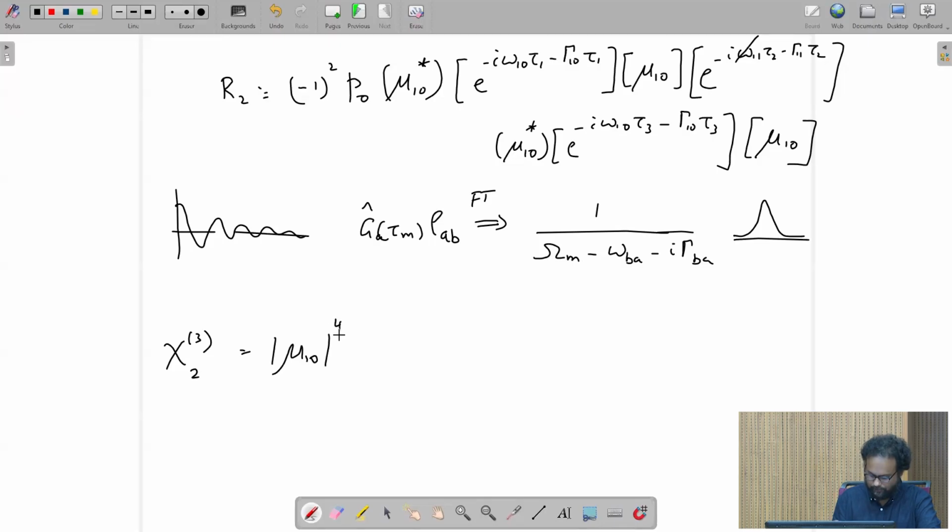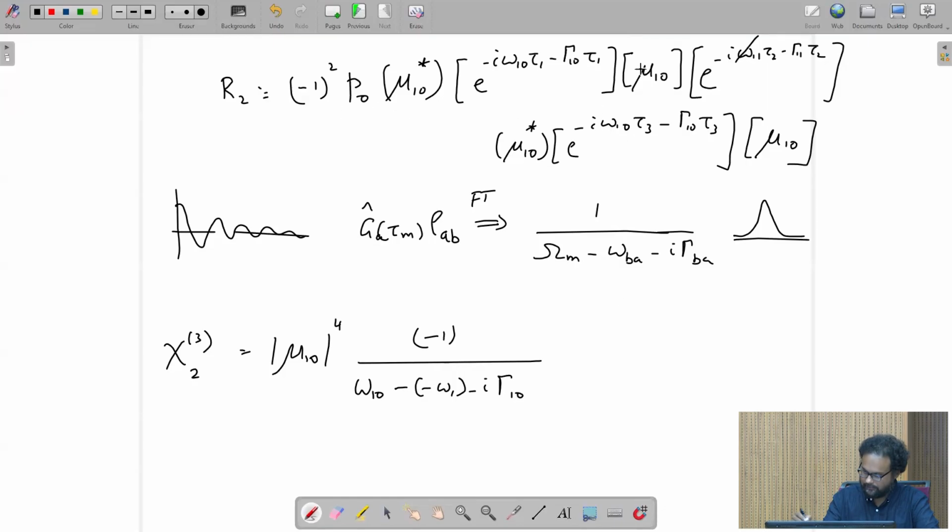It's fairly simple. You have 4 dipole operators, so it becomes mu to the power 4. I have 1 Lorentzian associated with this interaction: minus omega 1 minus i gamma 1 0 is my first interaction.